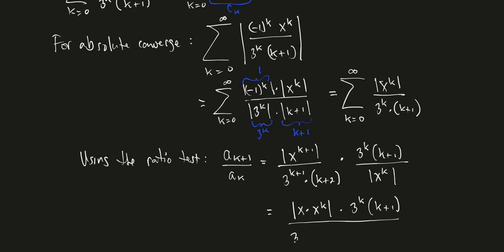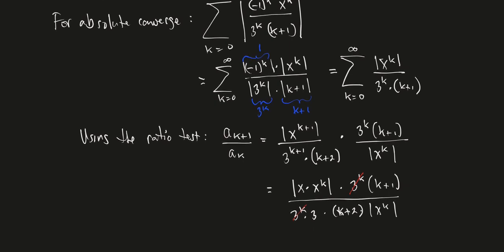I can write this as 3 to the k times 3 to the 1, and then times the quantity k plus 2. So we completely get rid of this, right? Oh, and I forgot one thing in the denominator here. I need times the absolute value of x to the k. That's a pretty important piece.